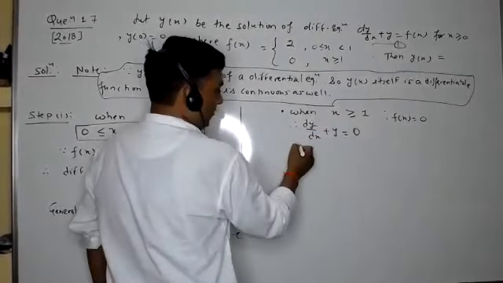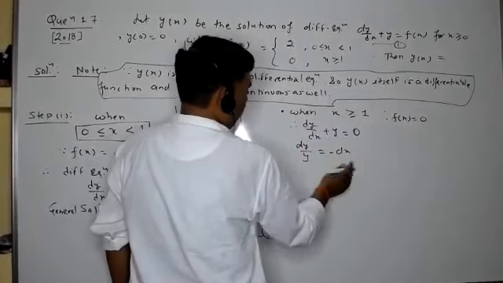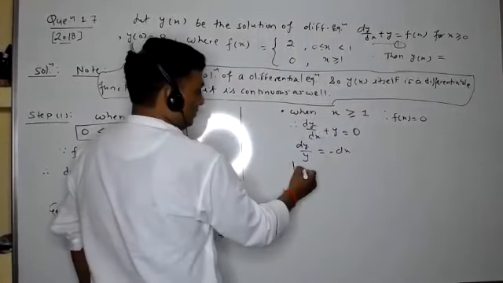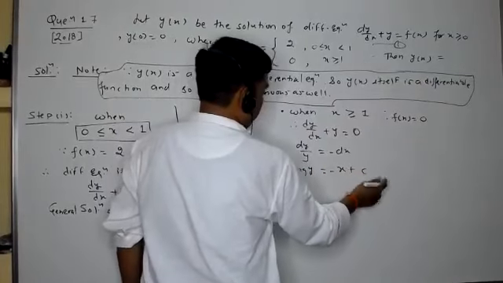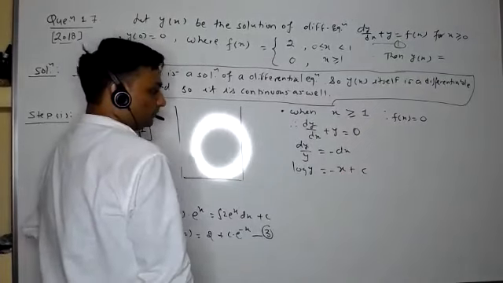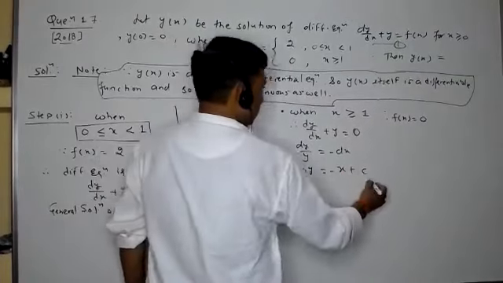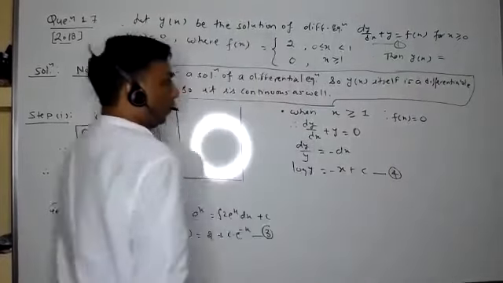So what can you do with that? dy over y equals minus dx. So this will become log of y equals minus x plus c. Right? Any difficulty for anyone? So let's give this as equation number 4.